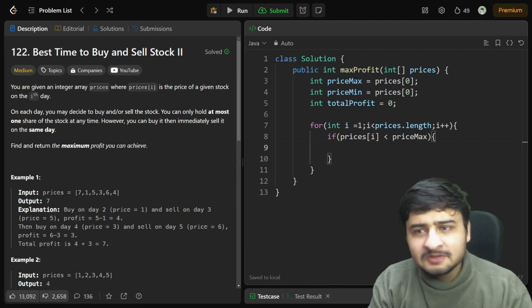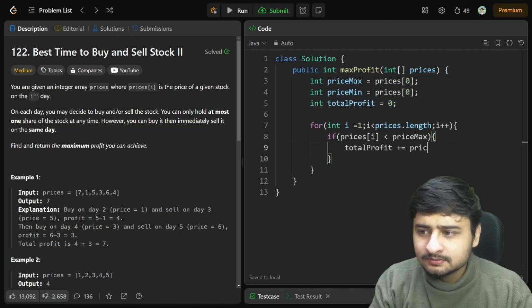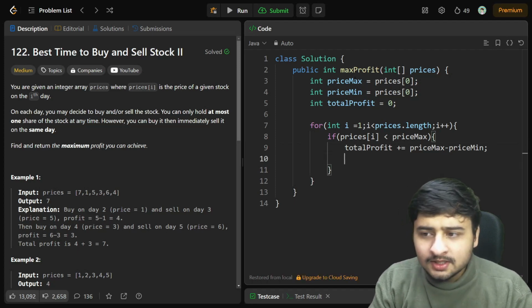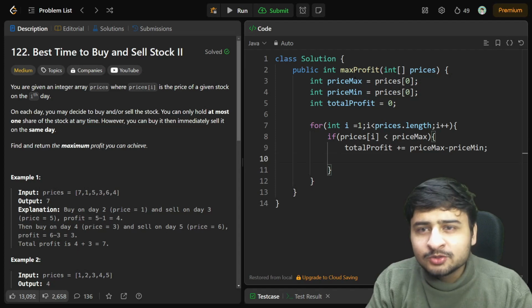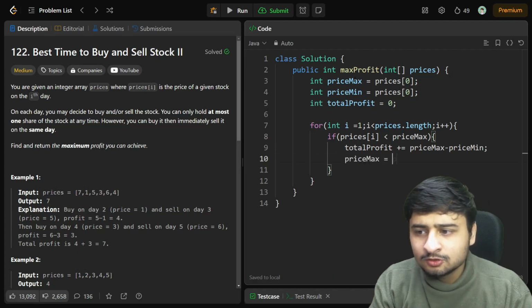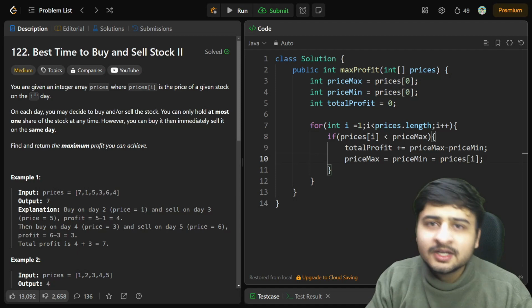Let's close the previous transaction. So total profit plus equal to price max minus price min. And then we're simply going to start a new transaction. By doing that, we mean price max is equal to price min is equal to prices of I, starting a new transaction.